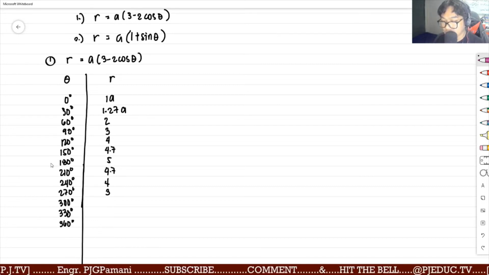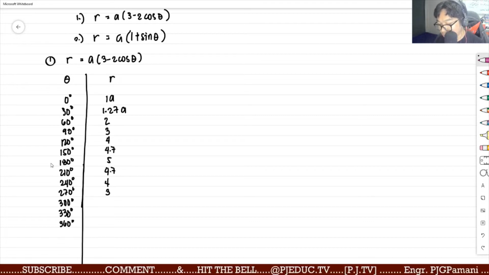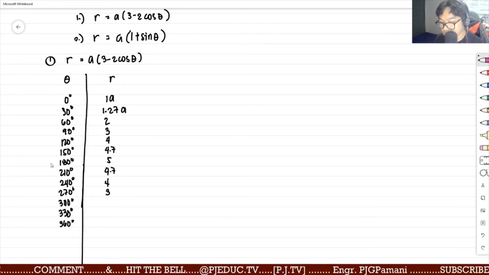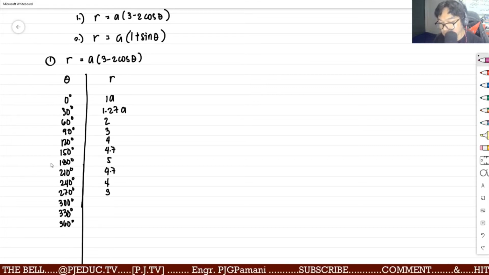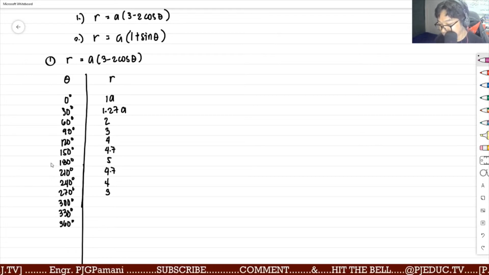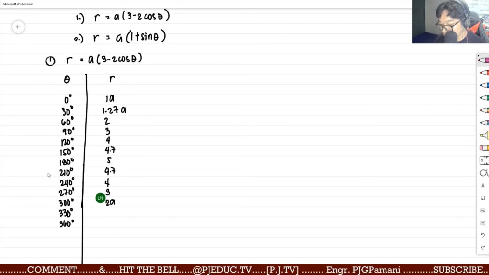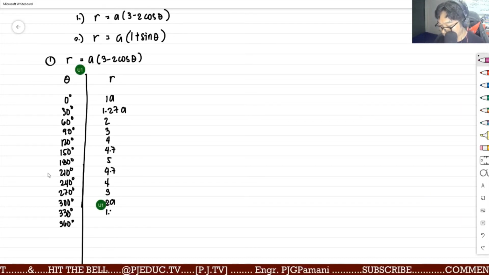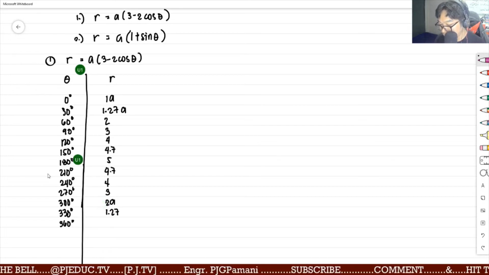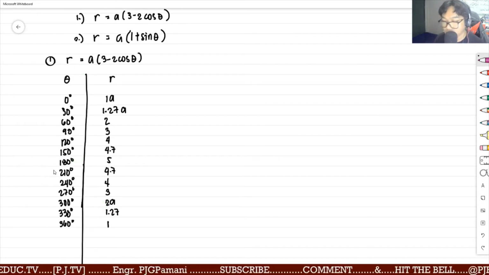Huwag kalimutan, baka nakalimutan ninyo, naka-radian pa yung inyong calculator, magkakamali kayo ng values ng radius. 270 is positive 3. Then 300 is at 2a, and 330 is 1.27, and at 360 is also 1a.